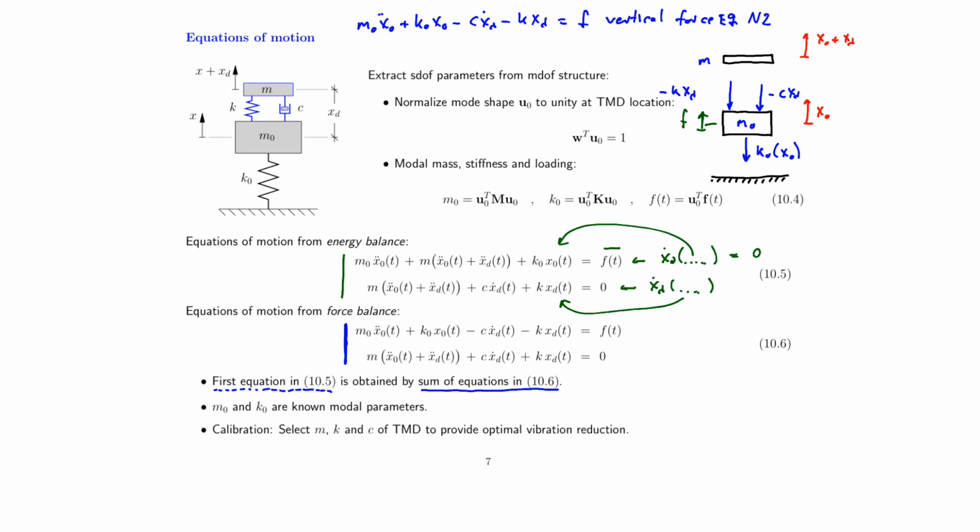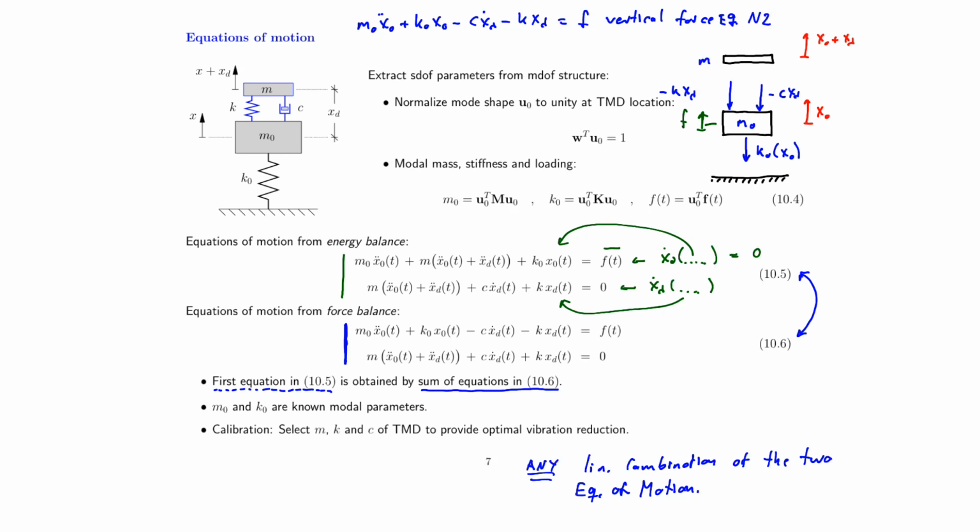So the idea is here that you can create any linear combination of the two equations of motion, and that relates 10.5 and 10.6.